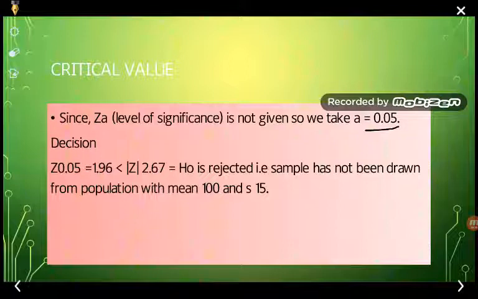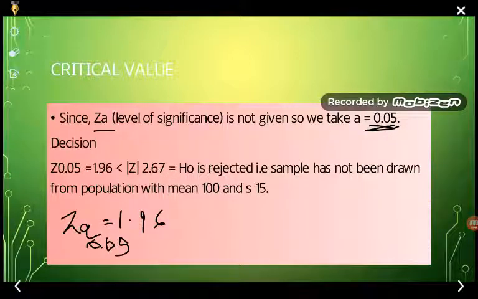So here, since the tabulated value of Z and the significance level are not given, we are going to select 0.05. The tabulated value at the 0.05 significance level is 1.96. So Z alpha at 0.05 is equal to 1.96.